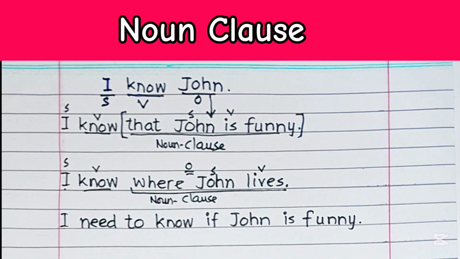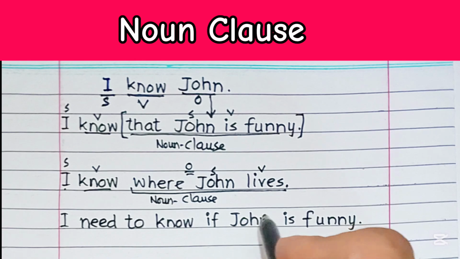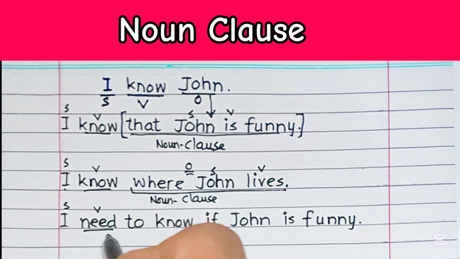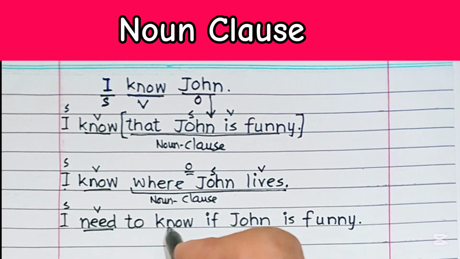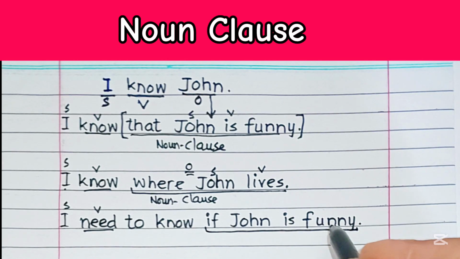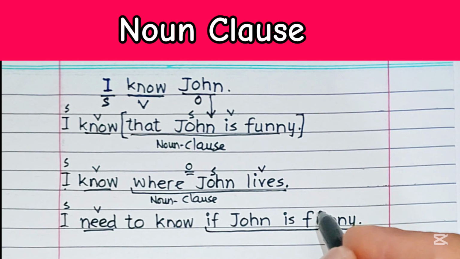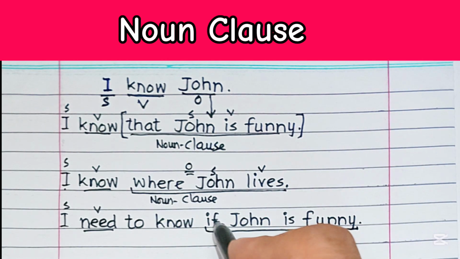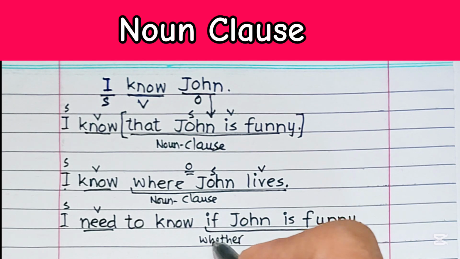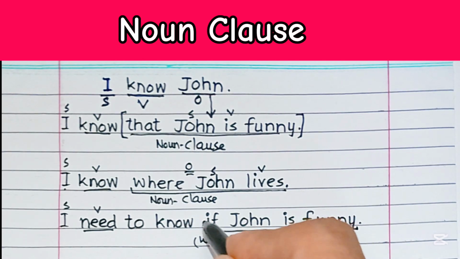And the last kind of noun clause we can make is one like this. I need to know if John is funny. This is the subject and this one is the verb. So we are beginning with if, or we may use whether in place of if.